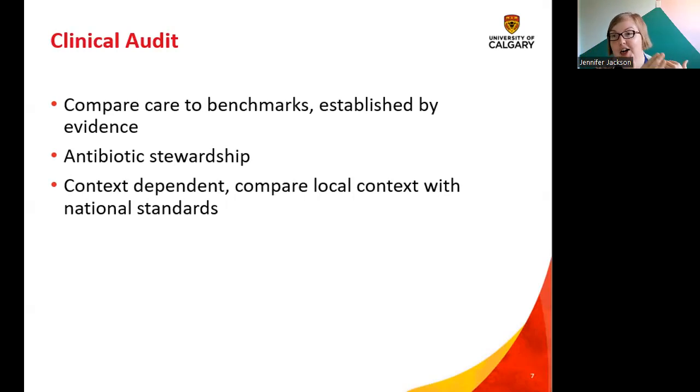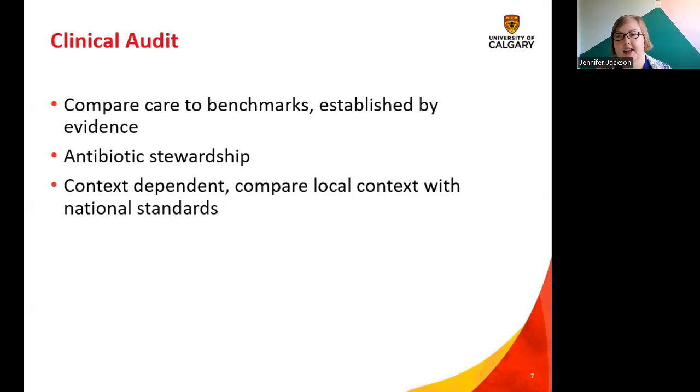Examples are antibiotic stewardship. We should only be prescribing antibiotics in specific cases, because we know that antibiotic resistance is a big concern and we need to be careful about how we're prescribing antibiotics.